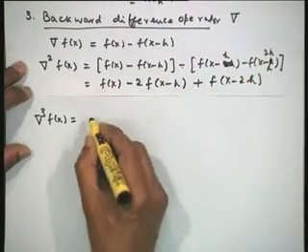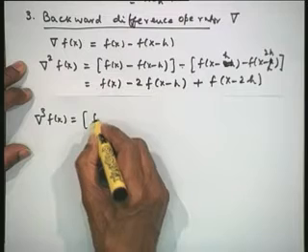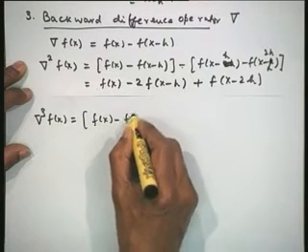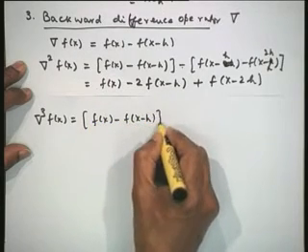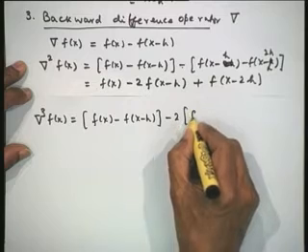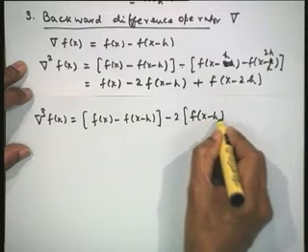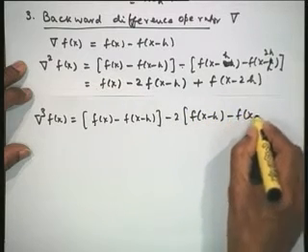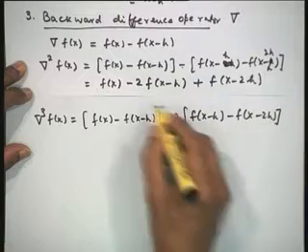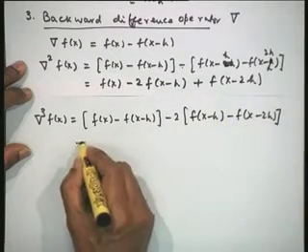Let us apply on this. With respect to this factor, we will have f of x minus h minus 2 times f of x minus h minus f of x minus 2 h, that is corresponding to this factor.